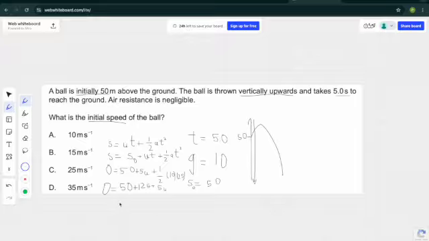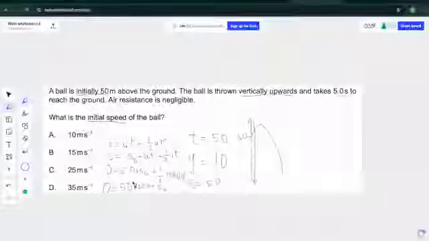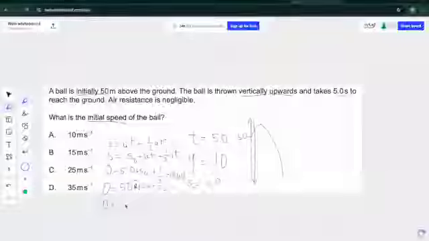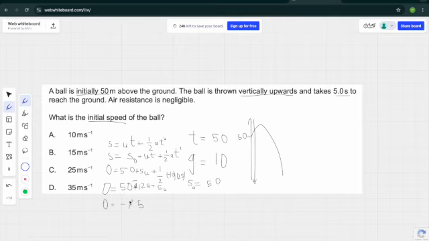So now, oh sorry, wait, I made a mistake here. So acceleration is downward, so it has to be defined as negative. So it's actually minus 125. That was an oversight by me. I'm really sorry. So now we have 0 equals negative 75 plus 5u.